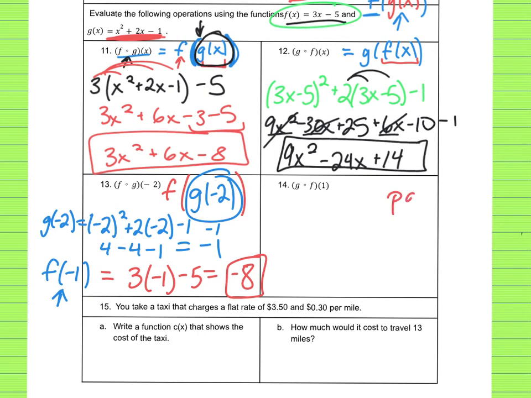All right, pause here and go ahead and try to do number 14 on your own. Okay. G of f of 1, to write it in a better notation, it would look like this. What is f of 1?